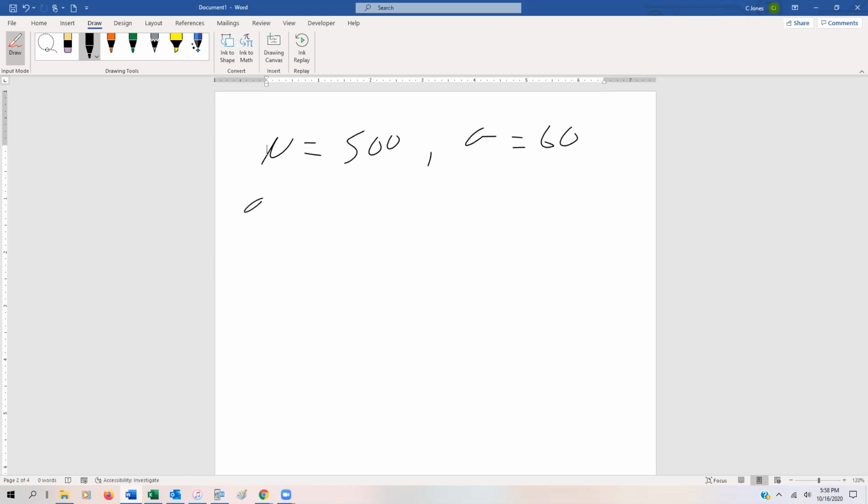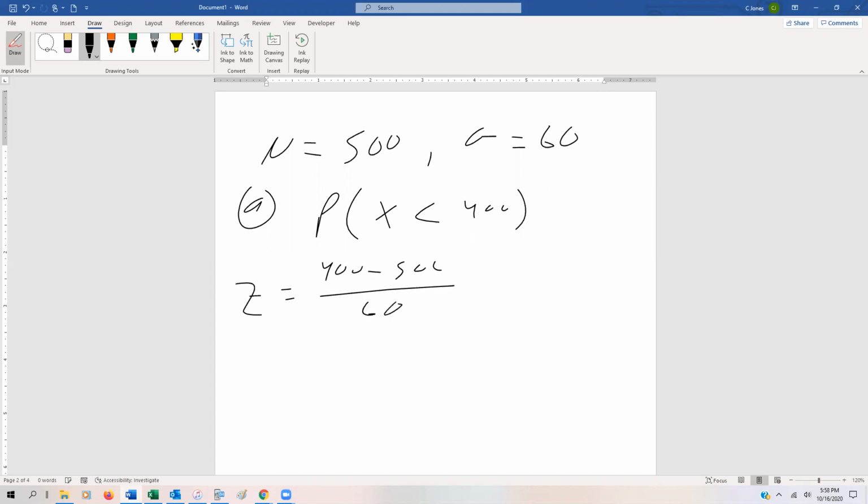Let's say for letter A, we want the probability that X is less than 400. This is just by hand, to verify that it does work. We would have to do a z-score, that would be 400 minus 500 divided by 60.